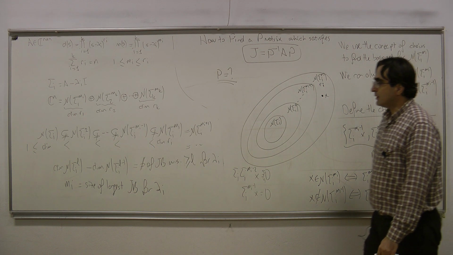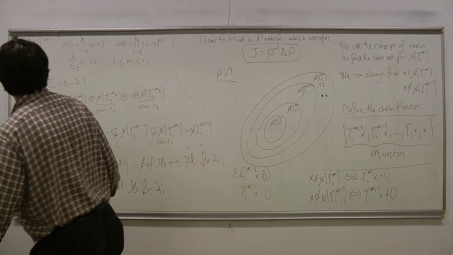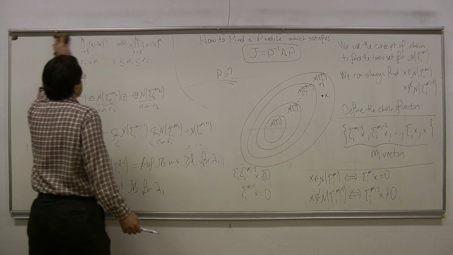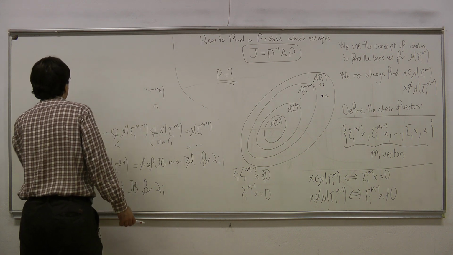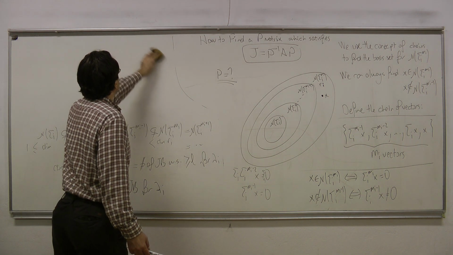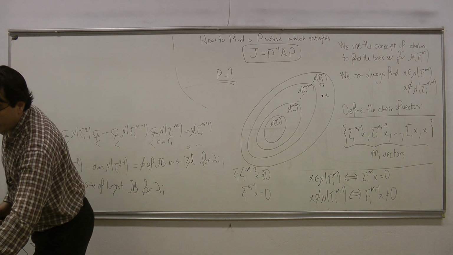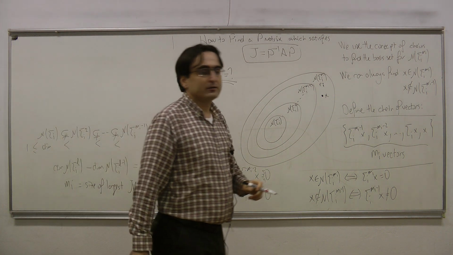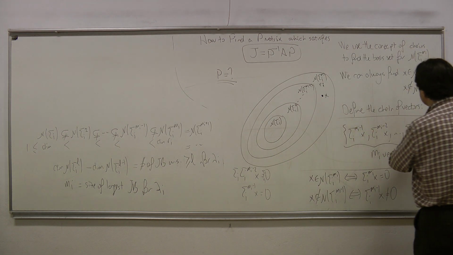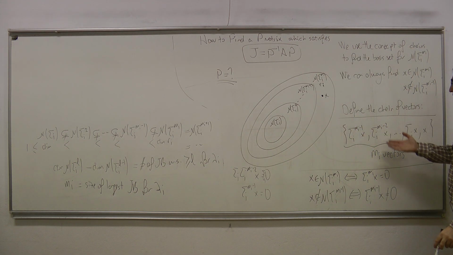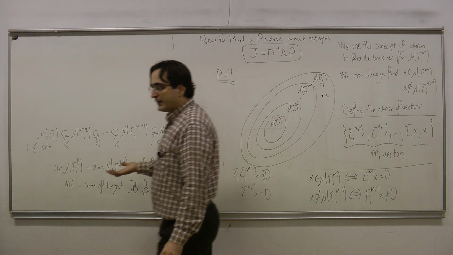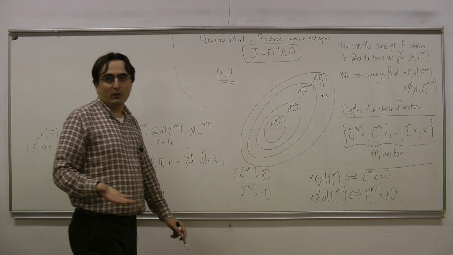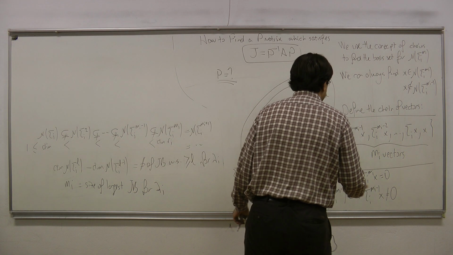All right? What about linear independence? Are these vectors inside this chain linearly independent, or can some of them be linearly dependent with each other? Let me try to investigate that. In order to investigate the linear independence question, I will look at a linear combination of these vectors and equate the linear combination to 0. And then I will check if the coefficients of that linear combination can be non-zero for some cases.